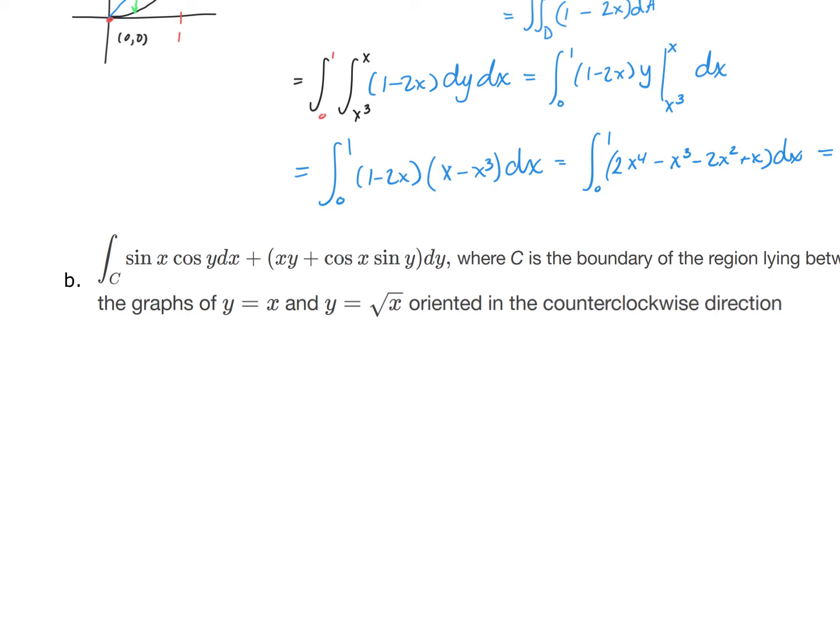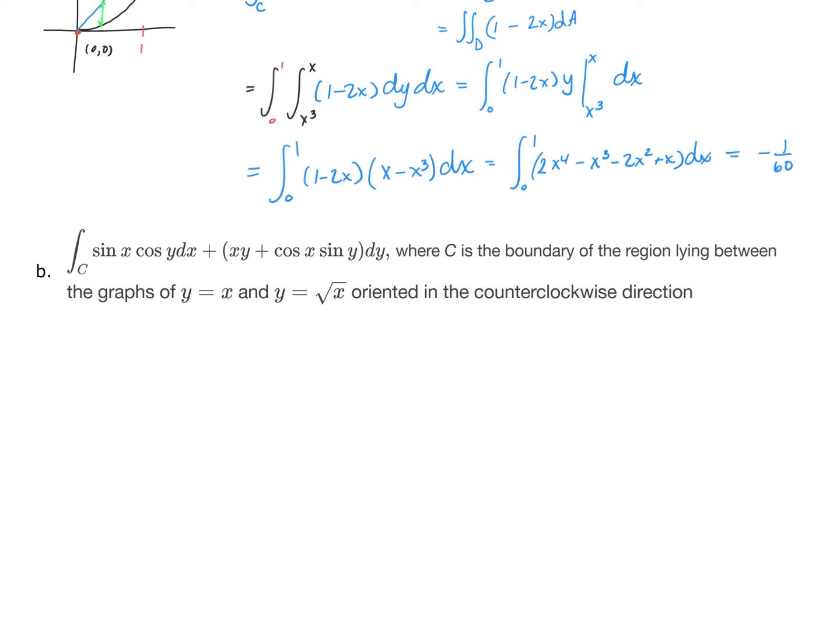I have the curve. Integrate over the curve of sine x cosine y dx plus xy plus cosine x sine y dy, where C is the boundary of the region lying between the graphs y is equal to x and y is equal to the square root of x, oriented in the counterclockwise direction.